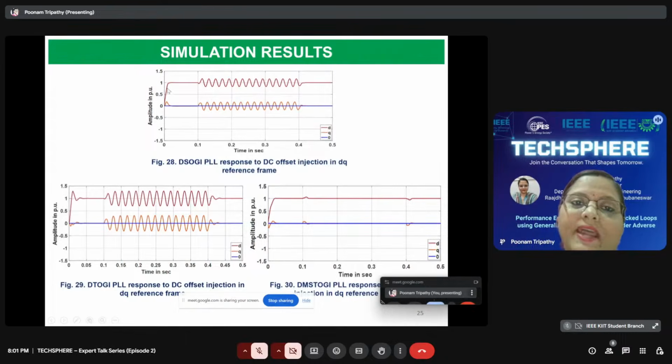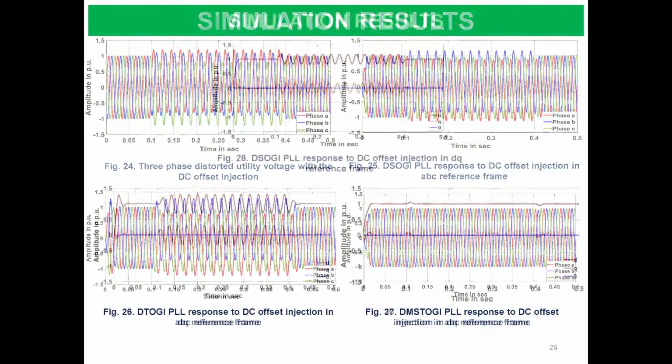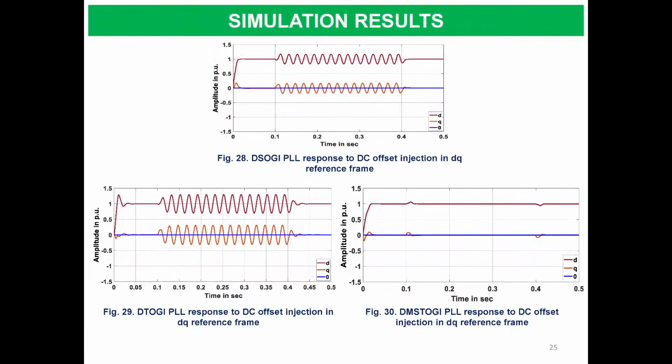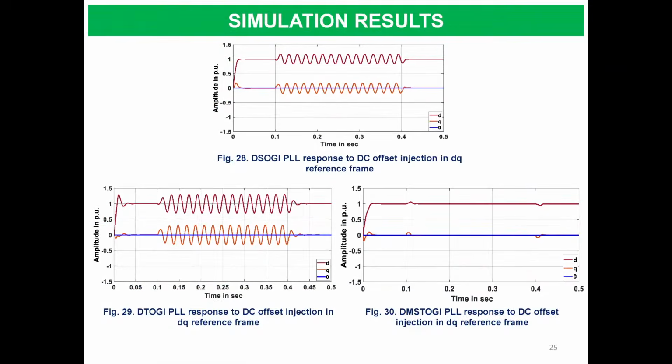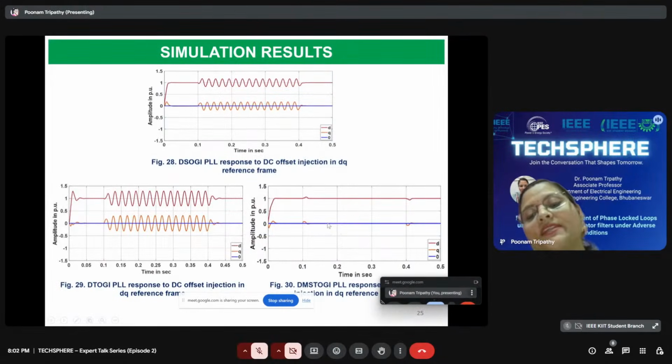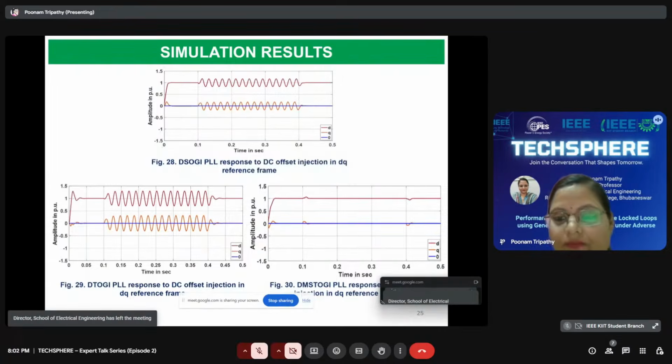So it can be seen that the voltage magnitude representing the VD, that is 1 per unit, and the voltage phase angle representing the VQ, which must be equal to 0 per unit, has only been achieved in case of the DMS TOGI PLL. So this MS TOGI filter-based DMS TOGI PLL is only capable of eliminating the effect of DC offset by accurately estimating the grid parameters, whereas these two PLLs, that is the DSOGI and DTOGI PLL, fail miserably under the DC offset test condition.